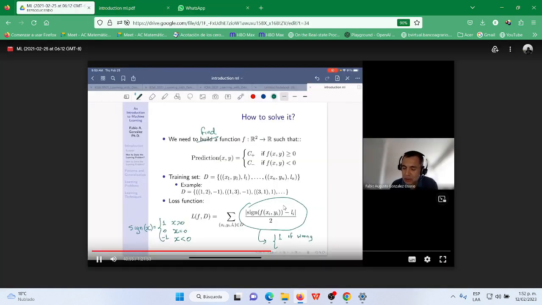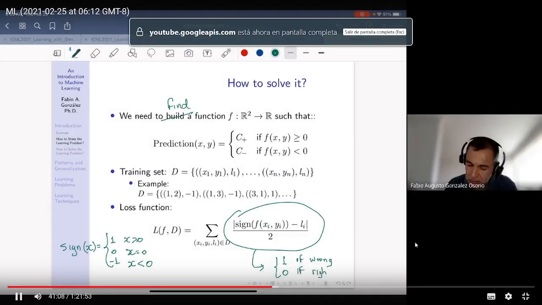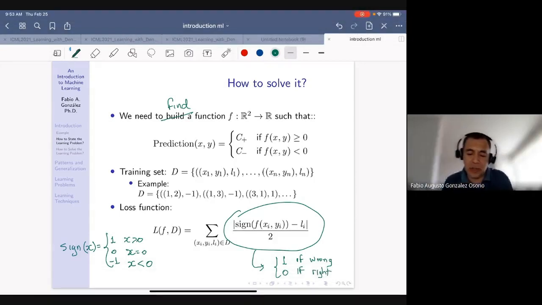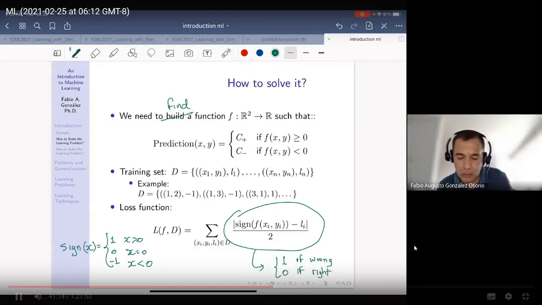Okay, we will check. So you are saying that this expression inside the sum is 1 if f is wrong and 0 if it is right. Is that what you're saying? Yes. Okay, you are right. You are not sure why it works, but we will see.